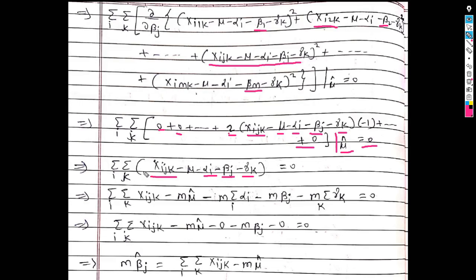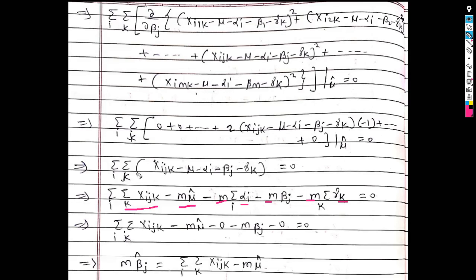Now take this summation inside the bracket. So we get the summation over i, summation over k of xijk minus m into mu hat minus m into the summation of alpha i minus m into beta j minus m into the summation over k of gamma k, equated to 0.